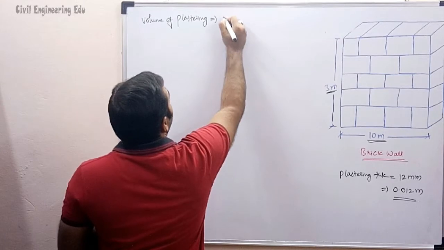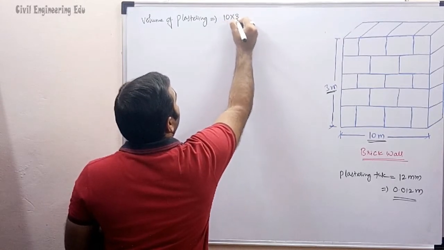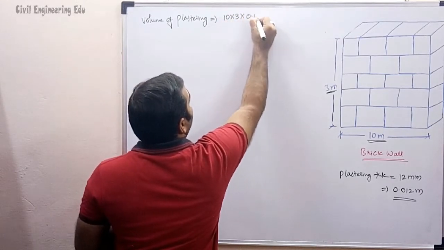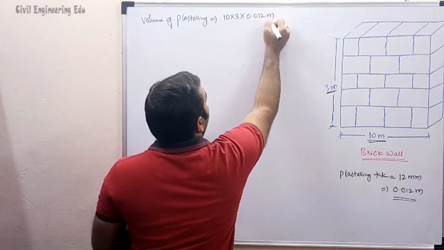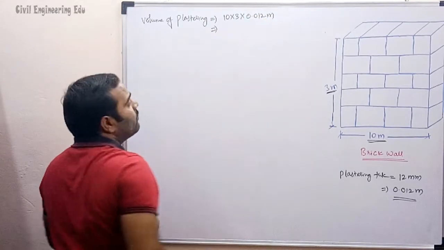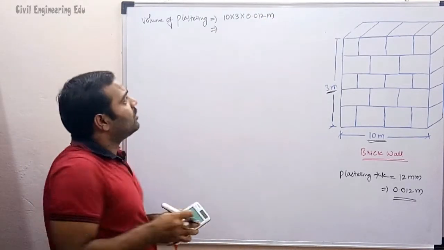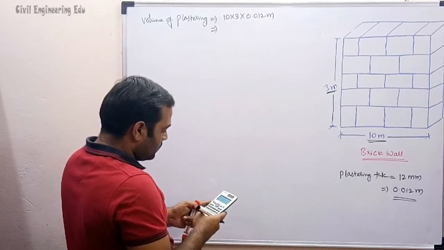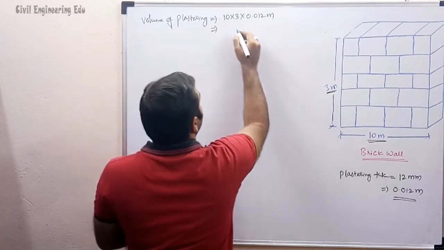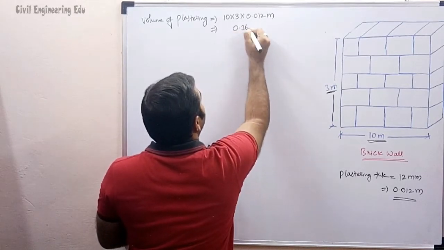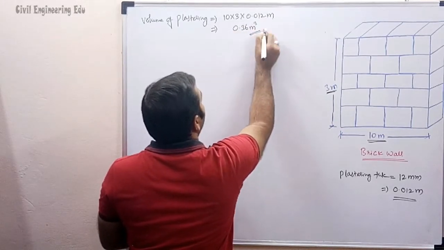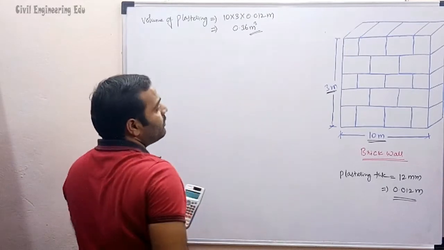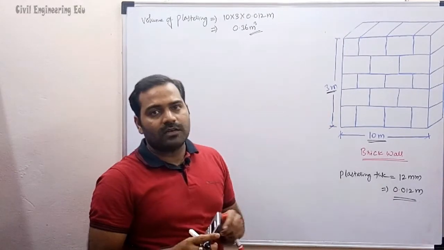So here 10 into 3 into 0.012 meter. So this will be our volume of plastering. How much will we get? 30 into 0.012, so 0.36 meter cube. This is the volume of plastering for this particular wall.